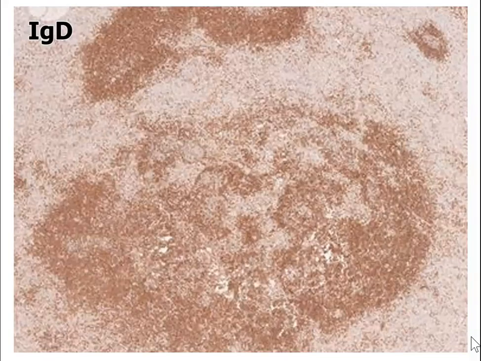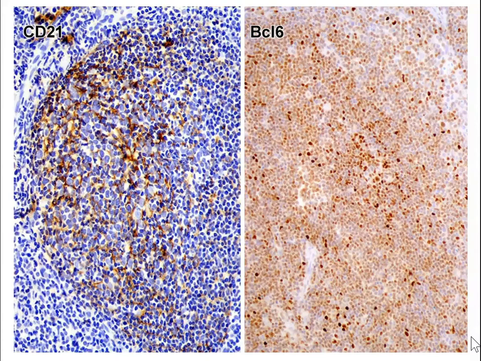IgD highlights the numerous mantle cells that have infiltrated the germinal centers. CD21 highlights the underlying expanded follicular dendritic meshworks, and BCL6 decorates the strongly stained centroblasts as well as the weakly stained mantle zone B cells that have infiltrated the germinal centers.